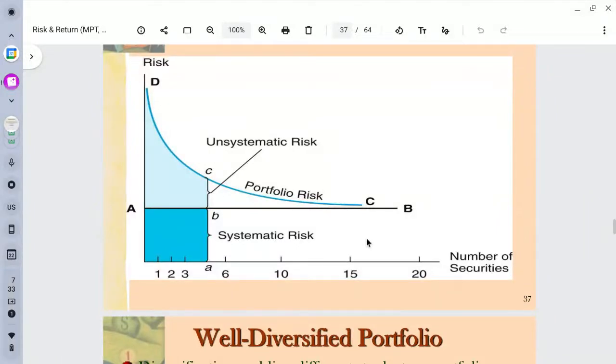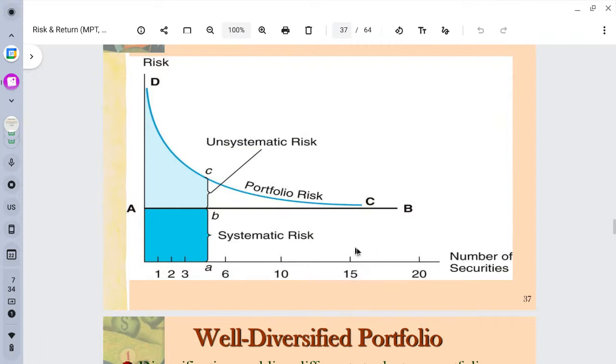If they come from the same industry or similar industries, there's no point in doing that, because it won't diversify the portfolio. Portfolio must be diversified by different industries. If it is not diversified, the risk is not going to drop like this.